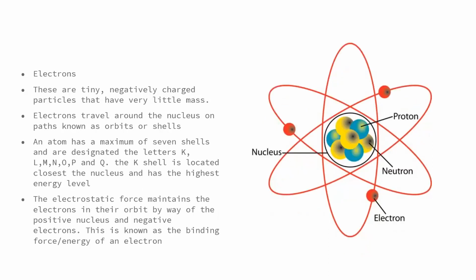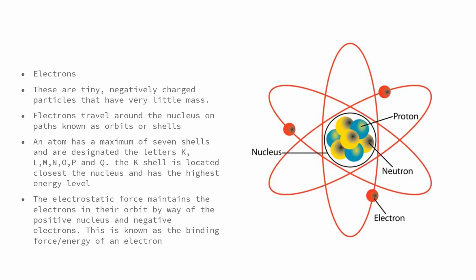So let's talk about the electrons, and these are found where? Around the nucleus. Good. They are found outside of the nucleus. They orbit around the nucleus in what? Shells or orbitals. Correct, right?